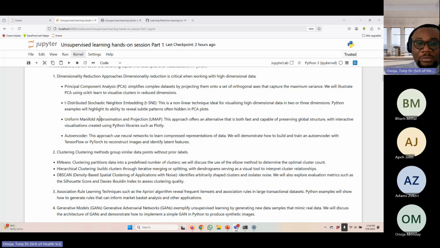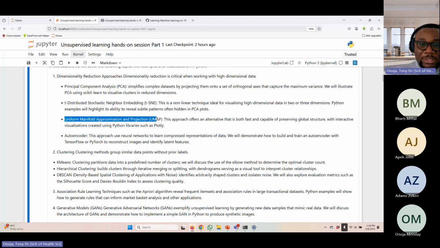Then we also talked about, although I didn't emphasize it much, the uniform manifold approximation and projection, or UMAP. It's also an alternative to t-SNE, where we looked at this approach that is both fast and capable of preserving global structure and also local structure.